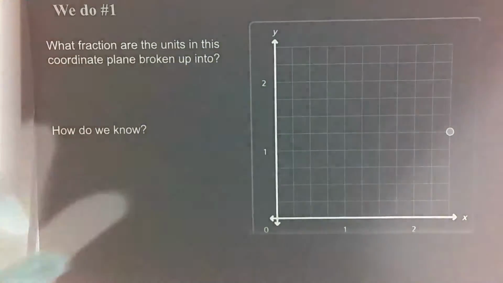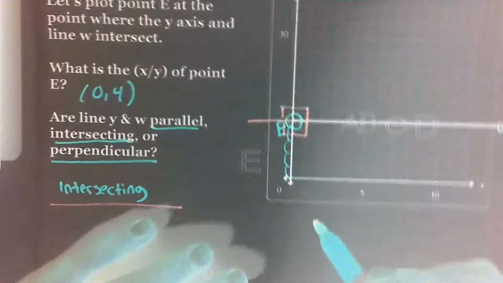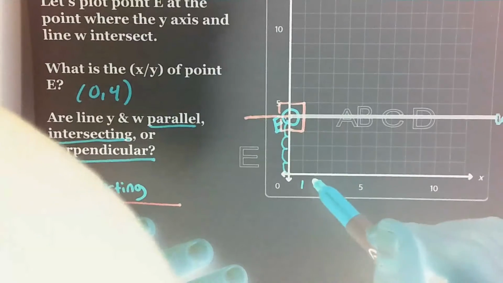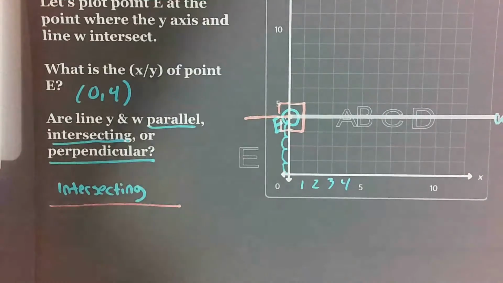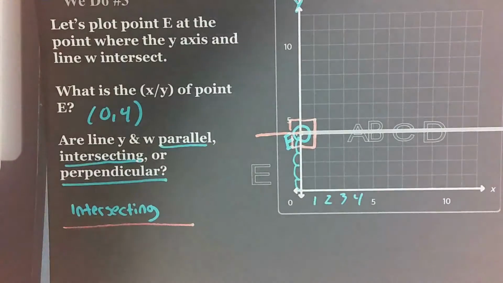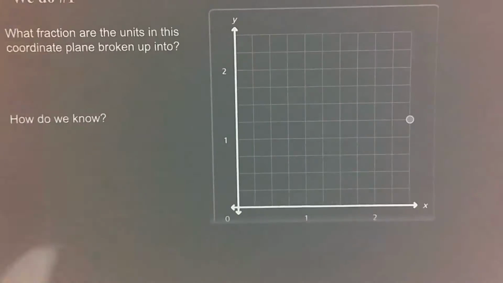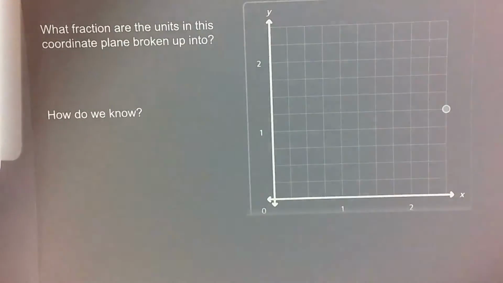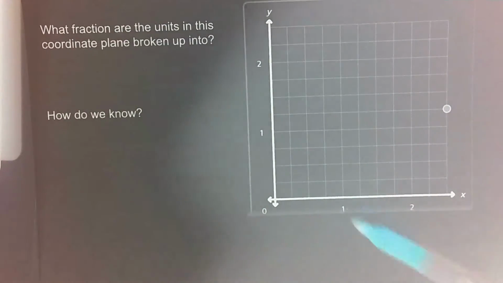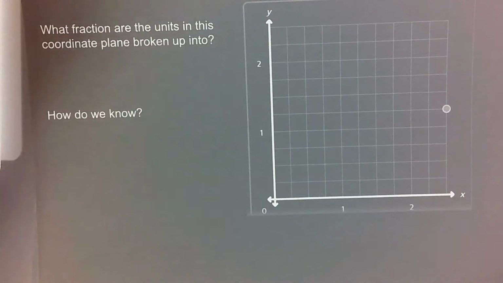Because this plane looks a lot different than yesterday's plane. Yesterday's plane, each unit was just worth 1. In between 0 and 5, there are 1, 2, 3, 4 whole units. But in today's coordinate plane, we have a whole bunch of units before we even get to 1.